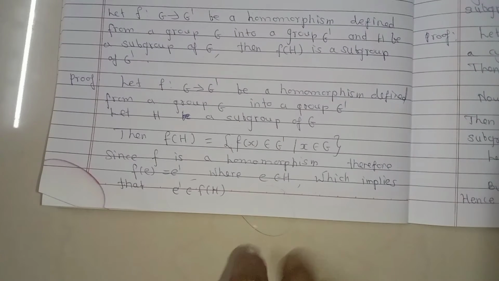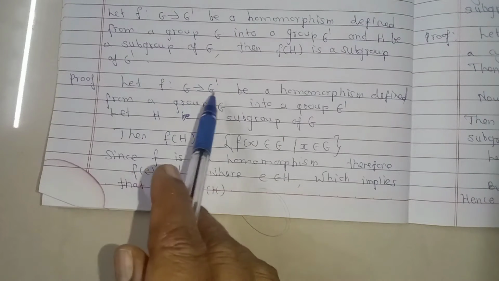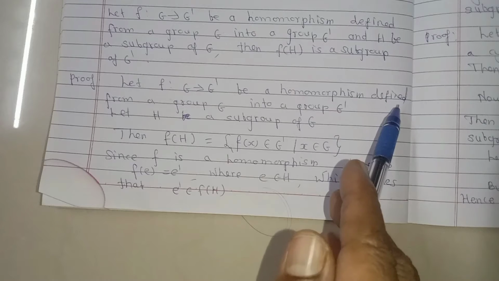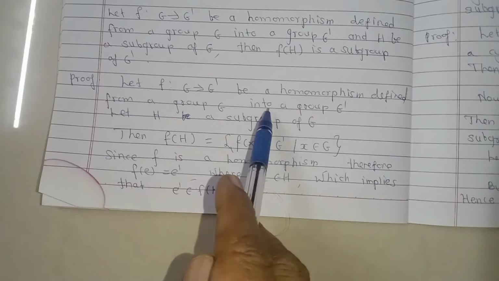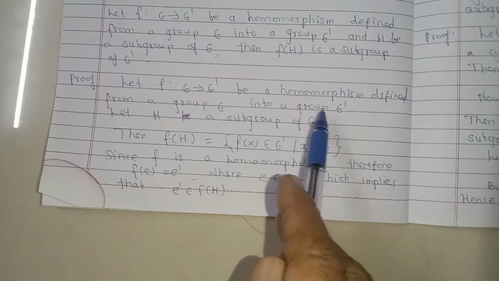In the proof, we assume that f from G to G' is a homomorphism defined from a group G into group G'.